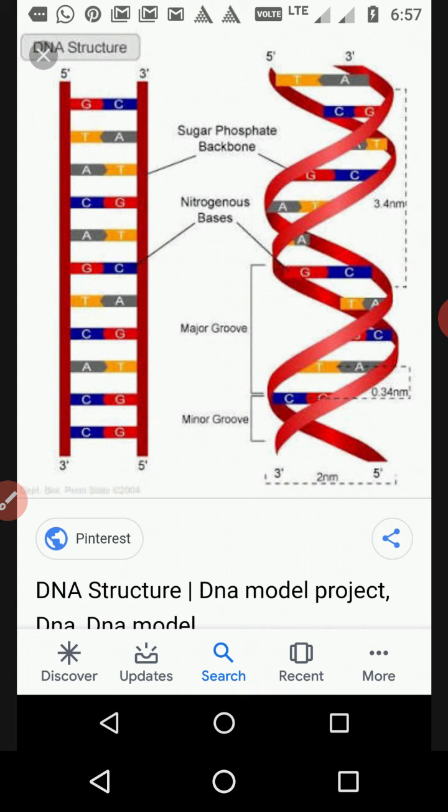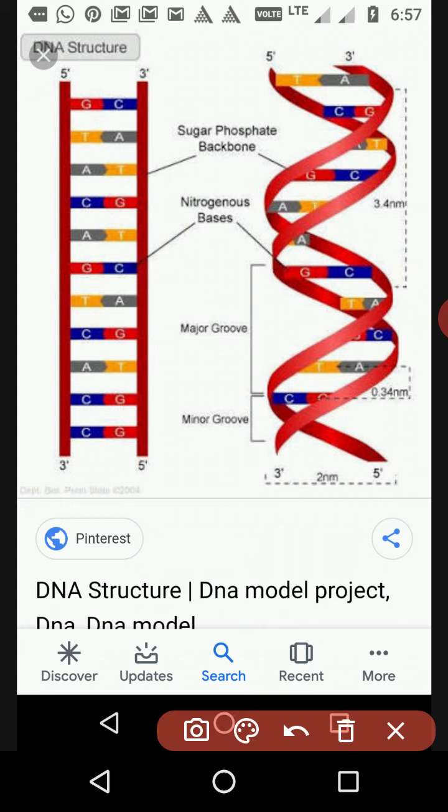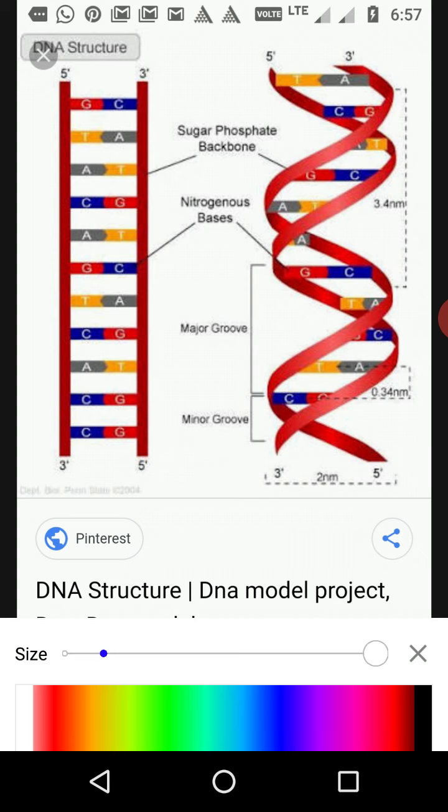There is a mutation called point mutation. Here you can see in this diagram the structure of DNA. Point mutation means any change in the nitrogenous bases pairing.